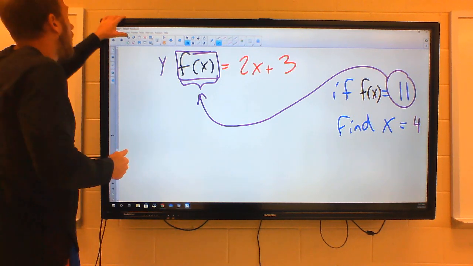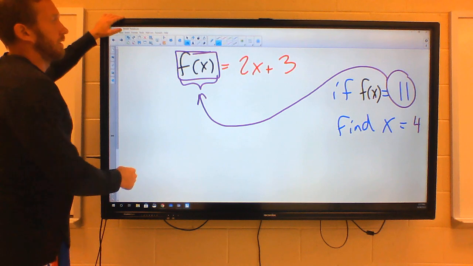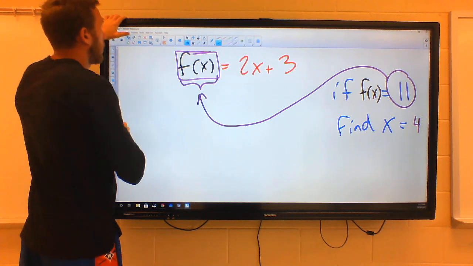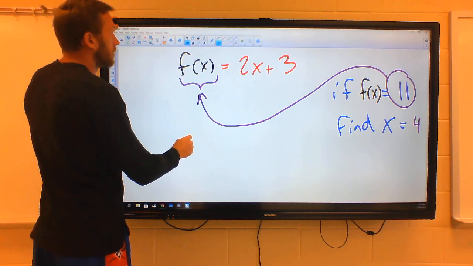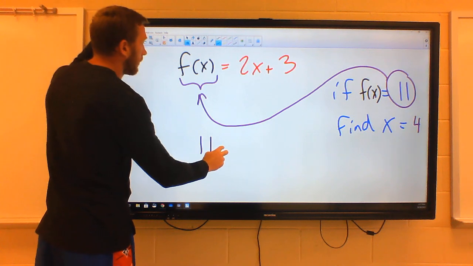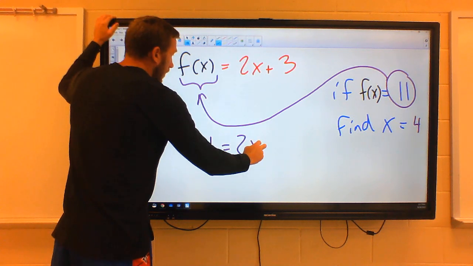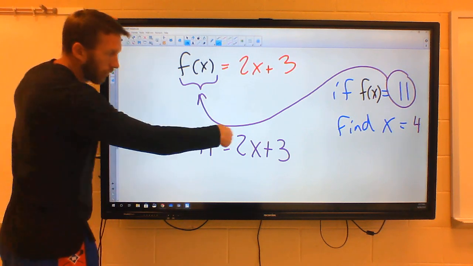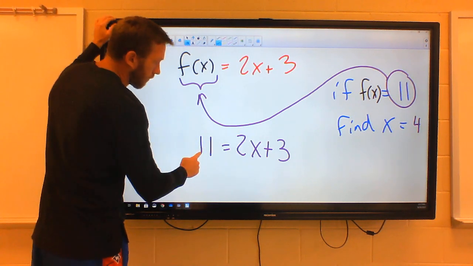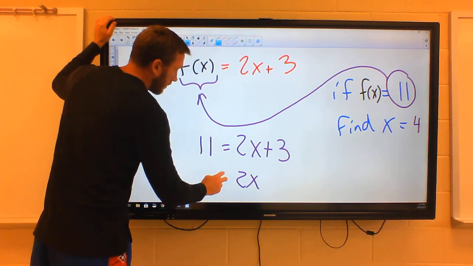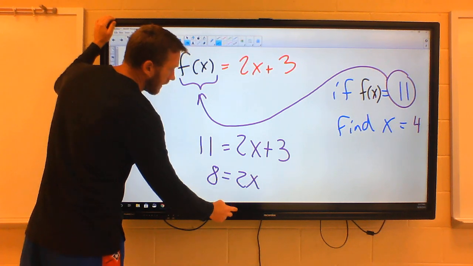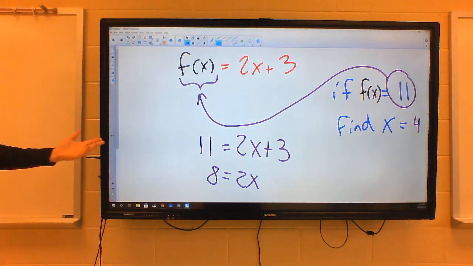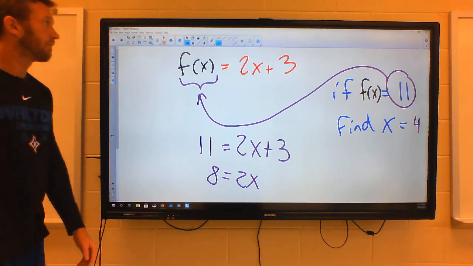It's as if it was a y. Okay? So we're going to take that 11, put it to that entire side of the equation, and what should now be rewritten is 11 equals 2x plus 3, and you're going to notice when you solve this all out, move the 3 over, this is an 8. 2x equals 8. Divide it out, x equals 4. We get the same answer, okay?